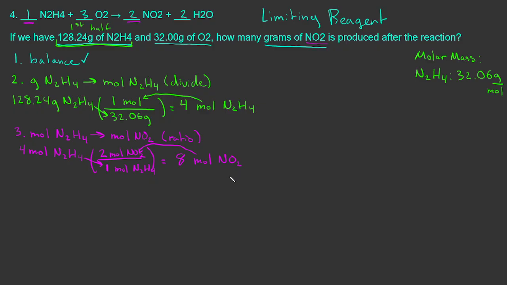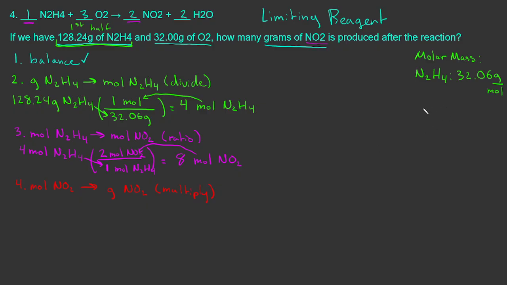Then our last step for the first half, step 4, is that now that we have moles of NO2, we can then go to grams of NO2. And this is once again by using the molar mass of this compound. So this time we are going to multiply by the molar mass.